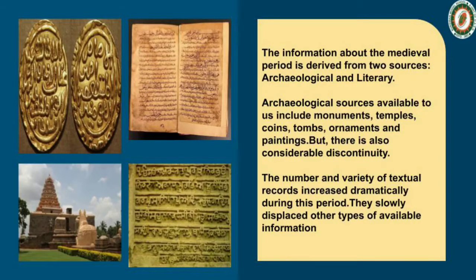But in the medieval period, the number and variety of textual records increased dramatically. They slowly displaced other types of available information. So when textual records are available, obviously the other archaeological sources become less relevant.